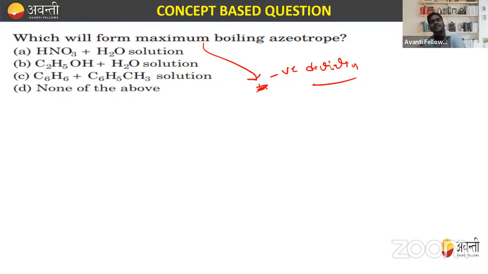So out of these, you have to identify which one is the maximum boiling azeotrope. Just remember this: negative. So which one of the following is an example of negative deviation, beta? First, HNO3 and water solution. So the first one, that is HNO3 and water, nitric acid and water, will show negative deviation, vapor tendency decreases, and this will form only a maximum boiling azeotrope. Right. So I hope this is clear to you.